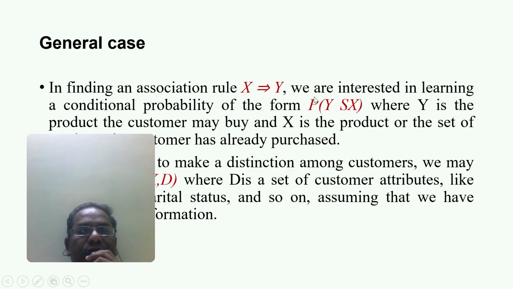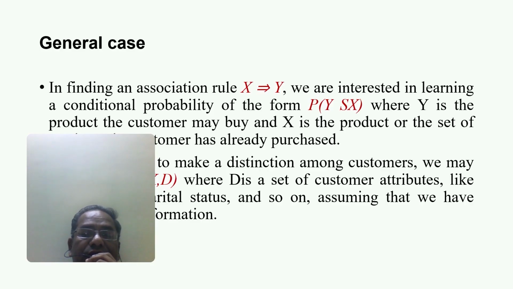Let us talk about the generalization case of association rule mining with products X and Y, which is a conditional probability P of Y given X, where Y is the product the customer buys along with the set of products already purchased.